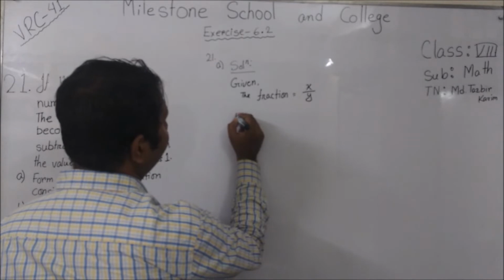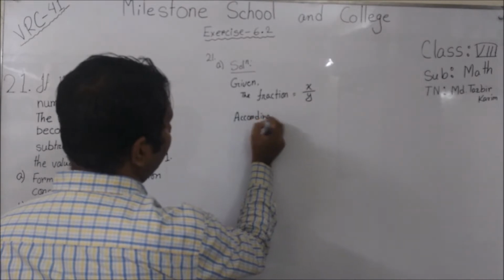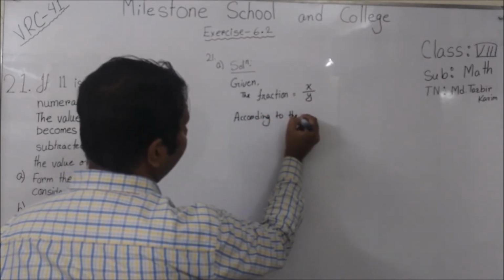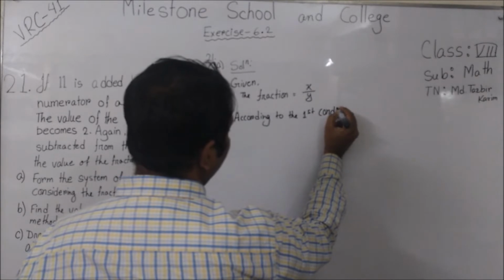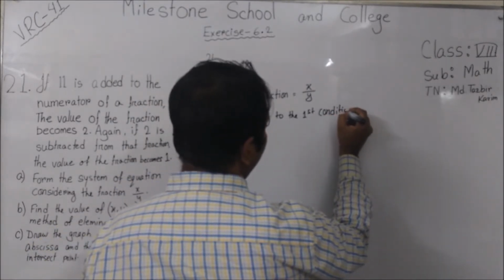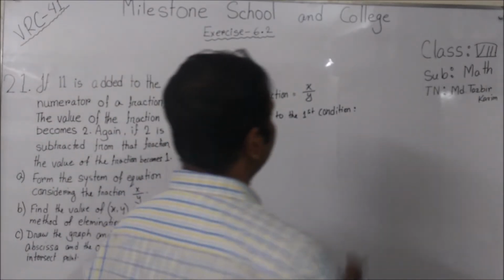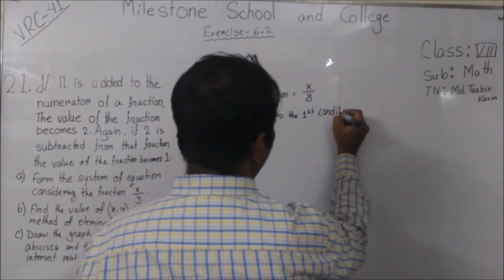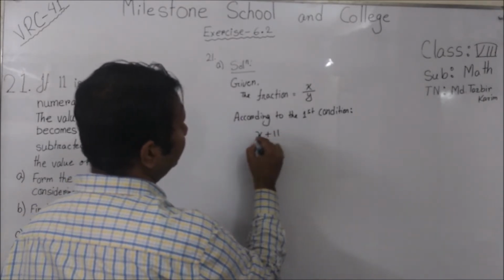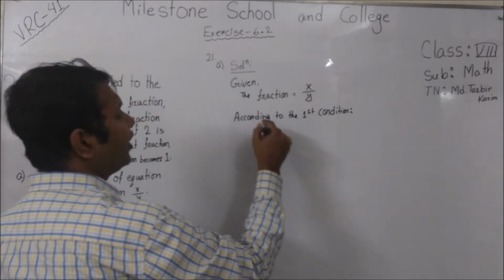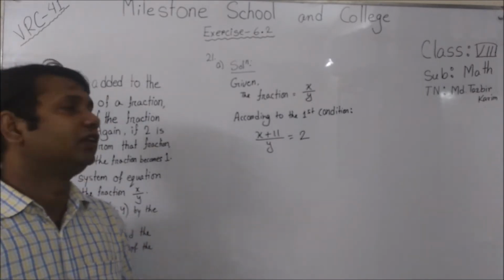So according to the first condition, x plus 11 by y, and this fraction value is 2.